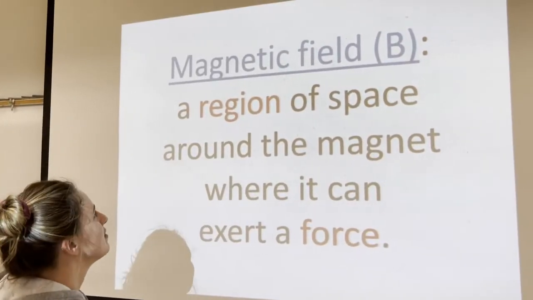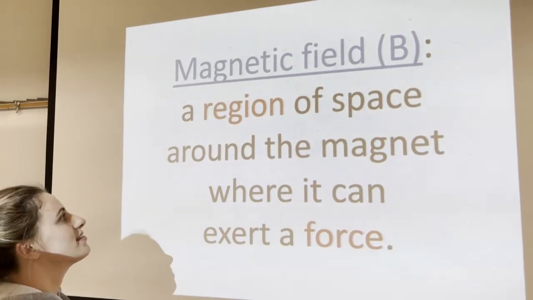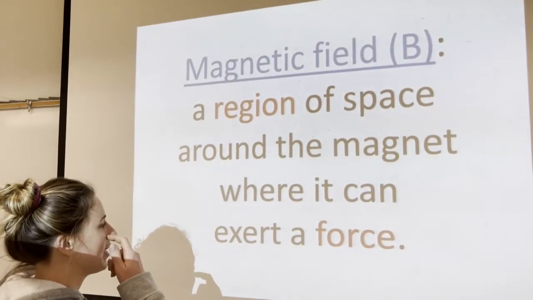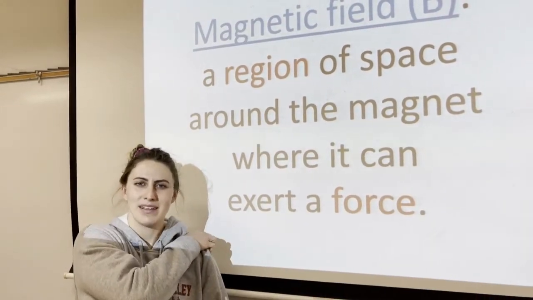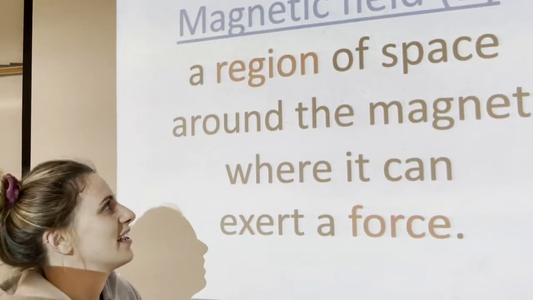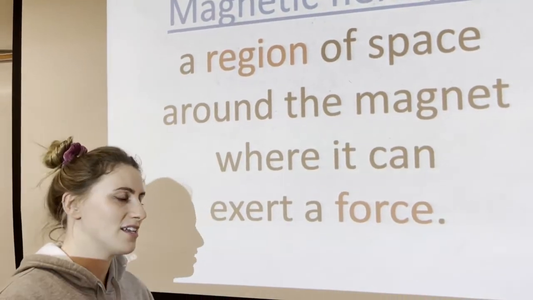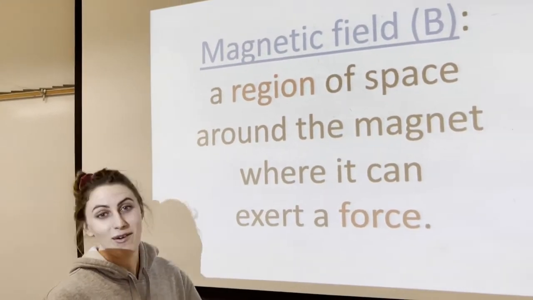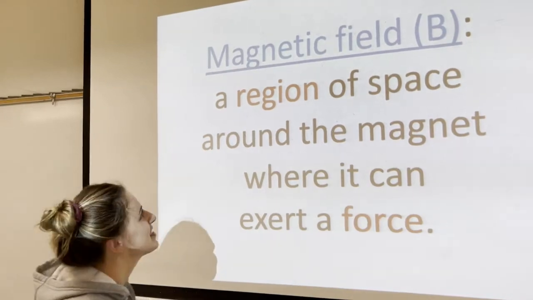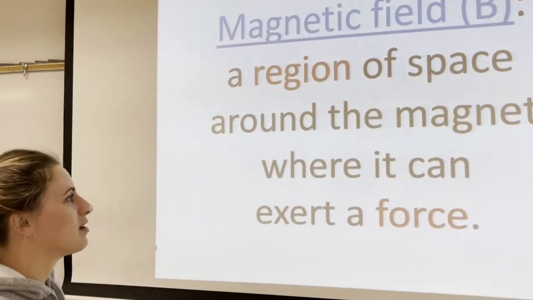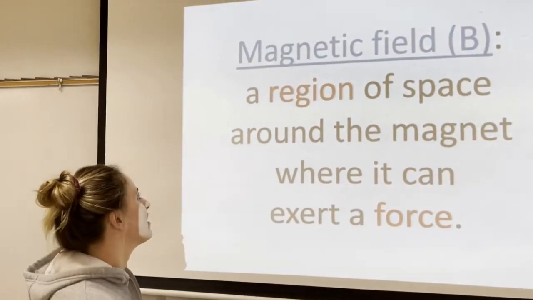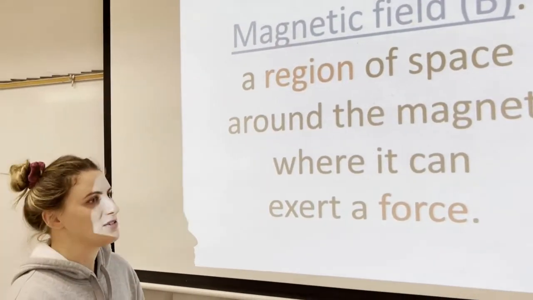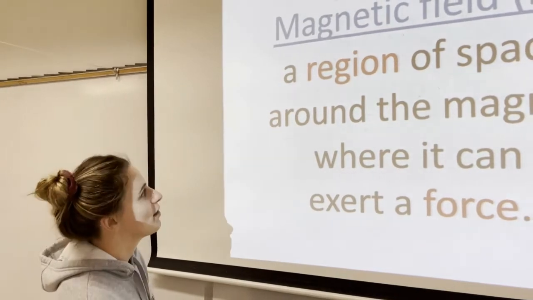A magnetic field is a region of space around the magnet where it can exert a force. Do you guys remember yesterday when we asked you what a field was? You said a baseball field, a tomato field, a field of flowers. It's just a field where stuff happens, a region of space, an area around whatever it is, whether you're playing baseball or frolicking through the flowers.